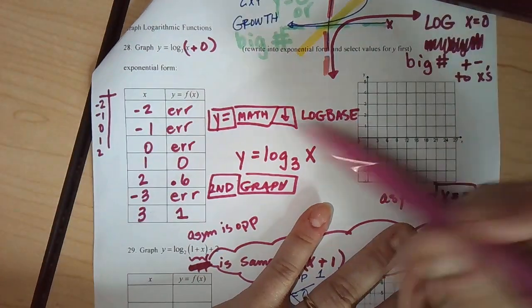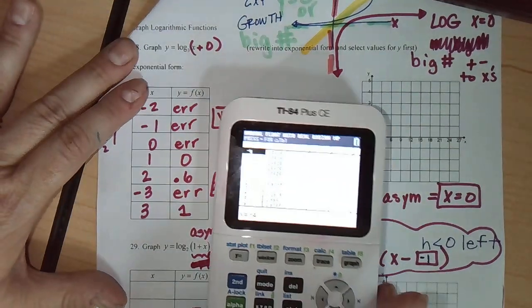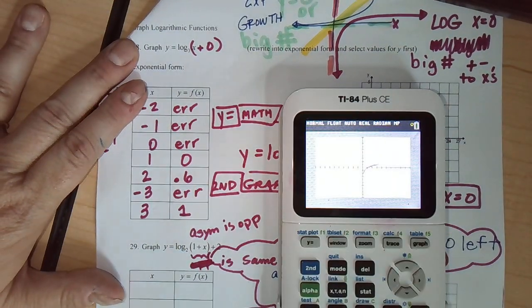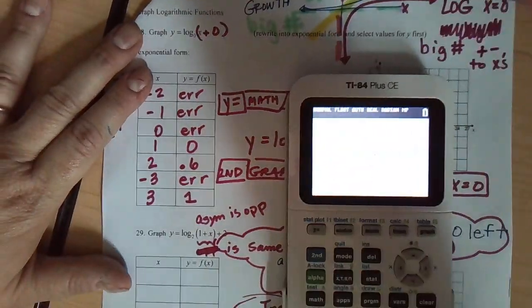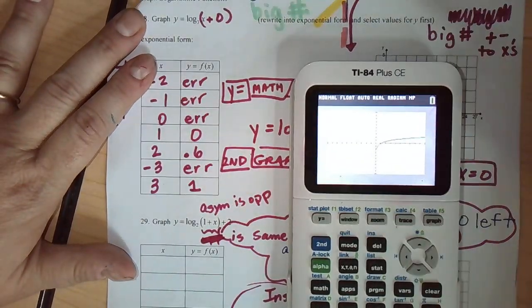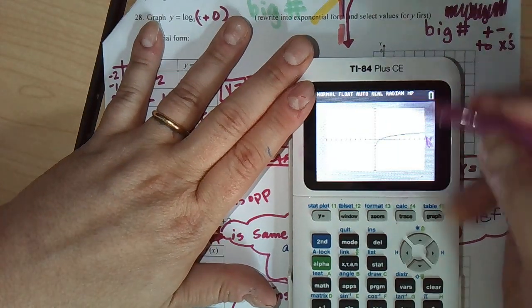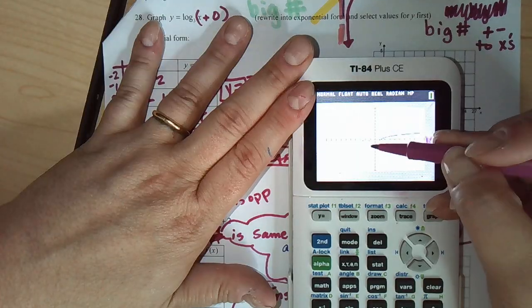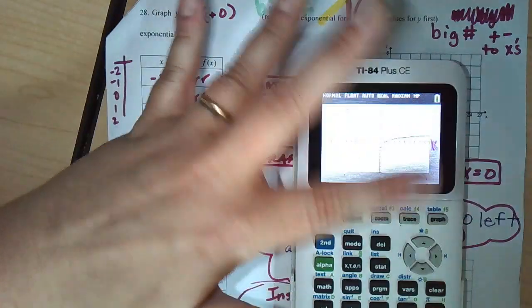All right, so error means that part of the graph does not exist there. So if I go to my picture graph, you can see, nope, you can't. Because the x-axis goes side to side, at -1 and -2, there ain't no graph over here. That's why it says error.